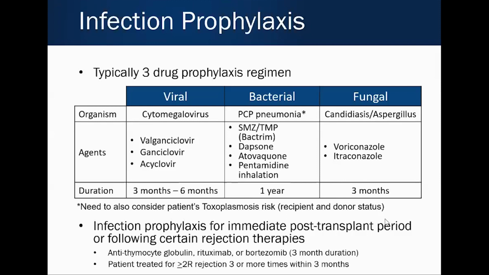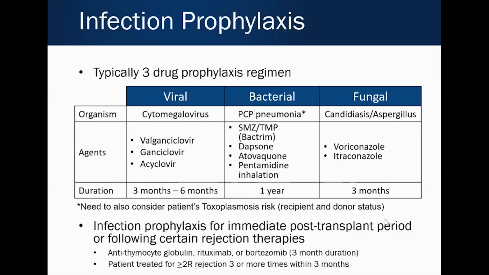But to prevent against CMV, we often use Valcyte, valganciclovir, 3 to 6 months based on a patient's risk. When we're looking at bacterial or PCP prophylaxis, Bactrim is our preferred agent, and they're on that for a full year.